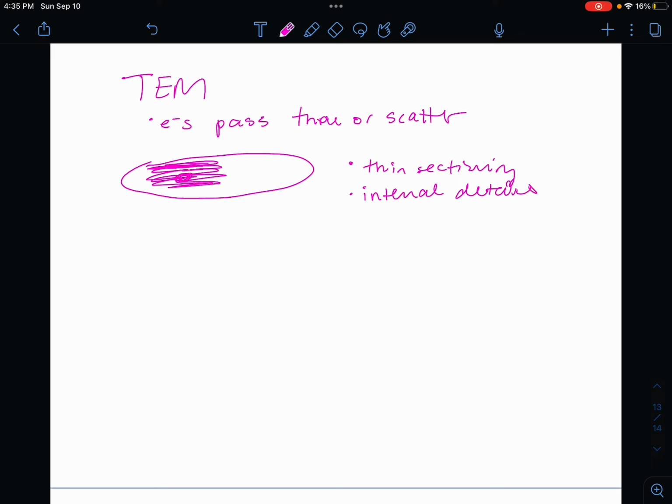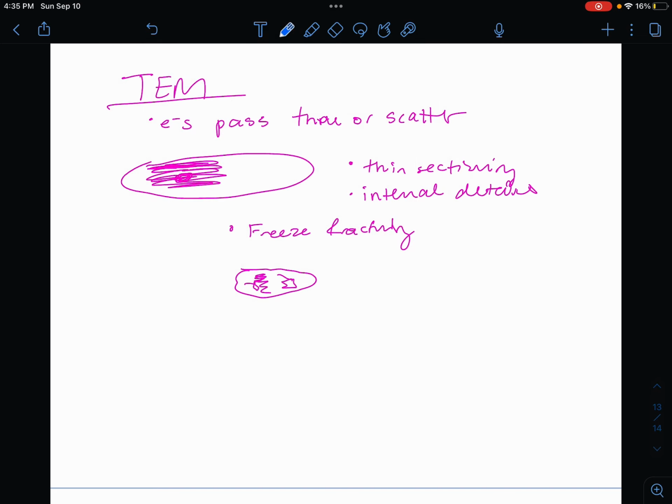And then another type of observation you could use with TEM would be freeze fracturing. This is kind of like etching the image of whatever you're looking at, and then to reveal the shape of these internal structures, you're just going to look at that etching to get a better idea of what it looks like inside.